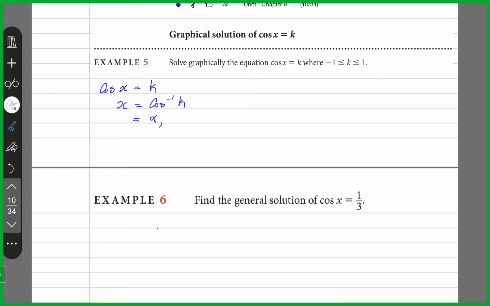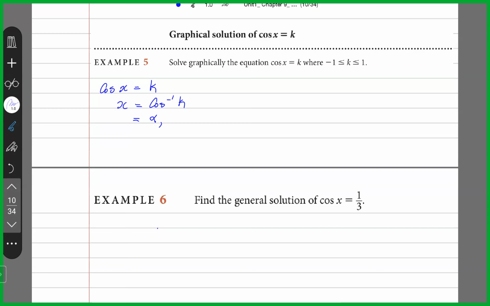In other words, the sine, cosine, or tangent of every angle between 0 and 90 degrees is positive. So by saying that alpha is the answer in the first quadrant, I'm saying that k is positive. Because if an angle is in the first quadrant, the cosine of the angle must be positive. So k is positive.